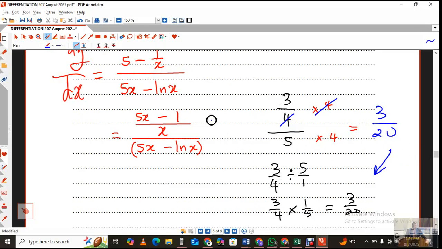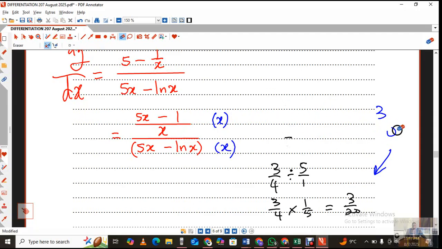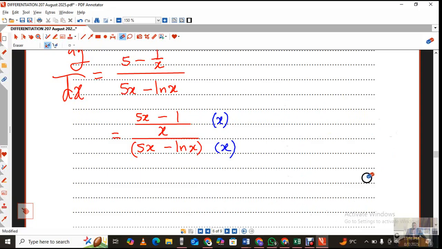So that's what I'm going to do here. I'm going to multiply here by x, and I'm also going to multiply here by x, just to clean up that complex fraction. That's what we will always be doing, and you better get used to those types of ways of doing stuff.